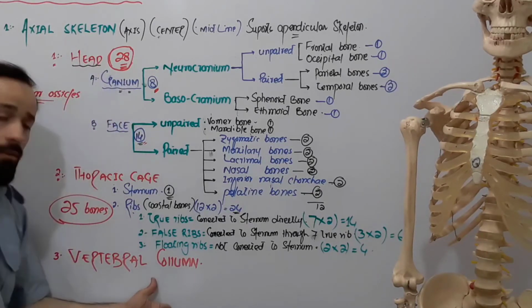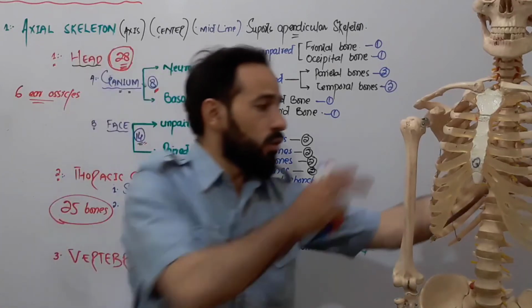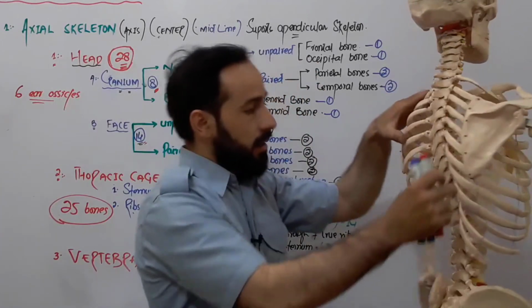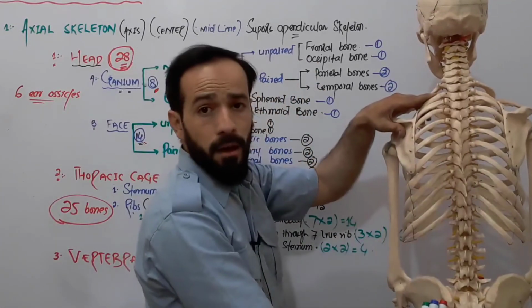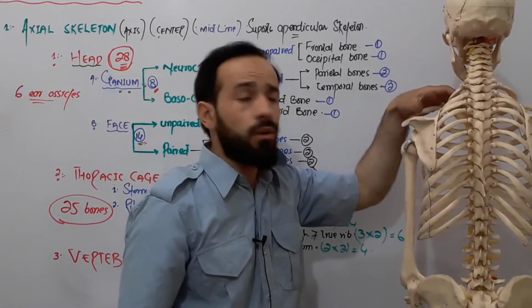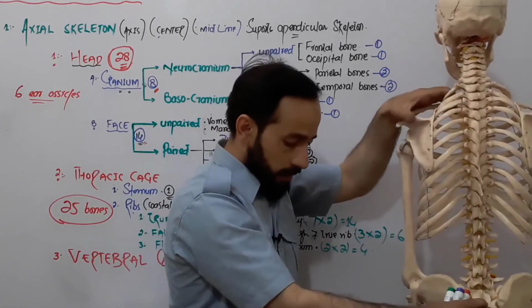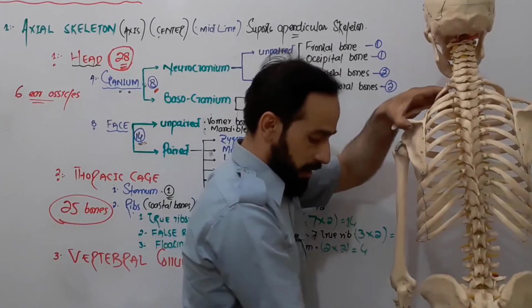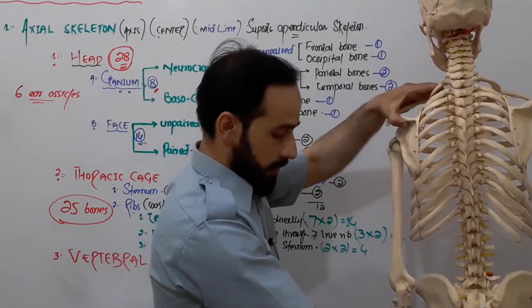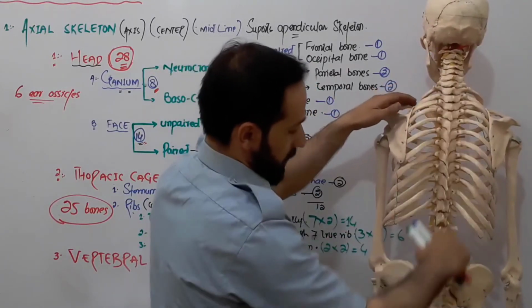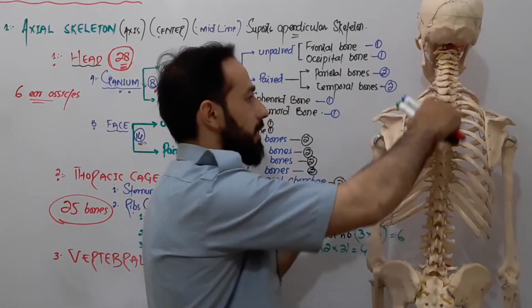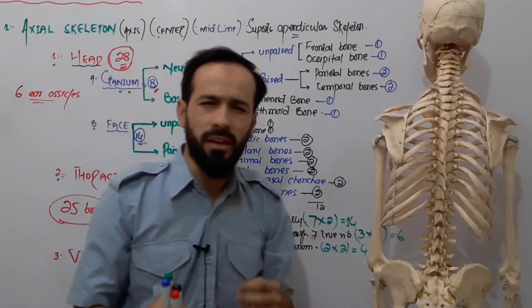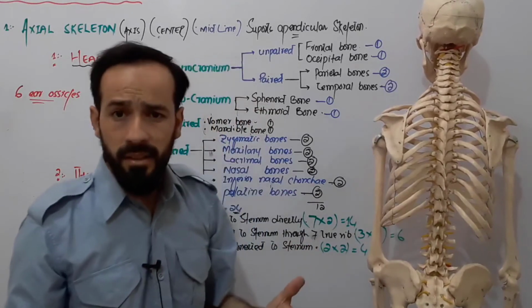Your vertebral column is a column of bones made by vertebrae, right? A column of bones which is present on the dorsal side of your body, and this column of bones is made by your vertebrae. So this is the vertebral column. Now let's see these bones, and we will discuss the anatomy of each bone in detail in the next coming lectures.